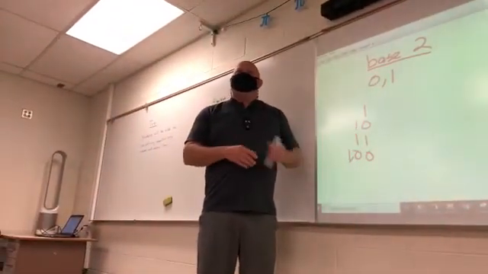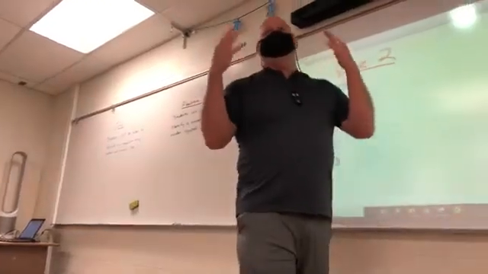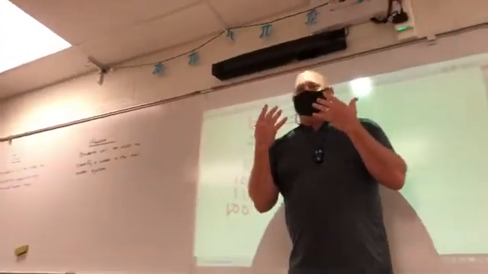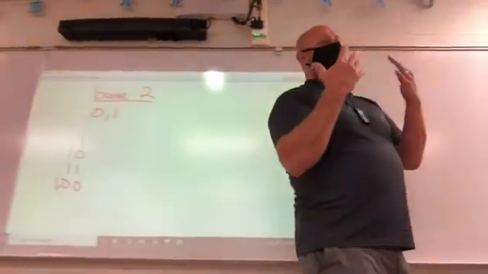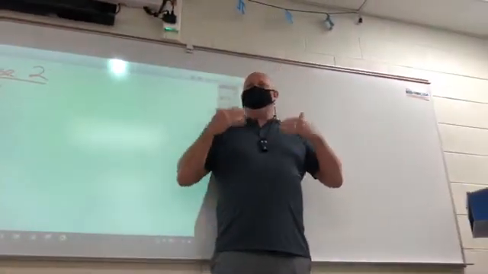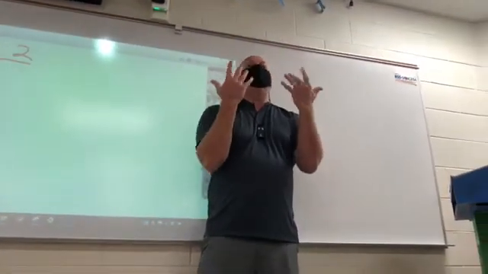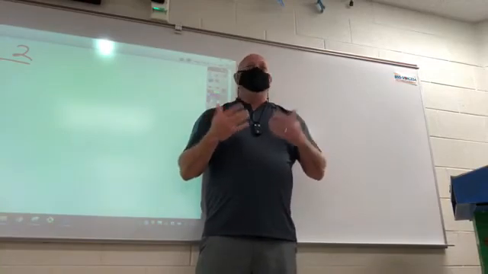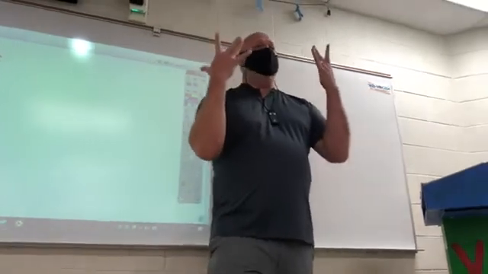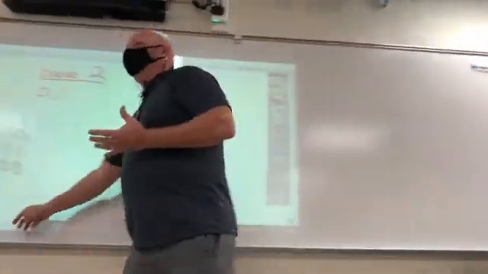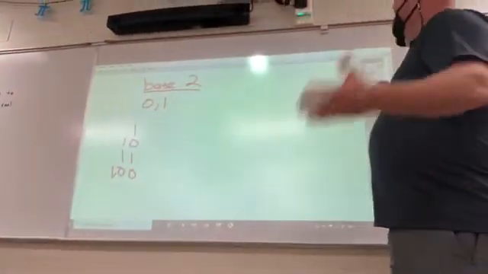Okay? Now, we use a base 10 number system because we have 10 fingers. That also means if we ever see the aliens and they show up with only 8 fingers or something, they're probably going to use a base 8 number system.